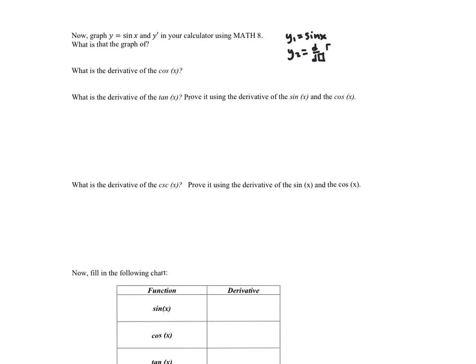It'll ask you to fill in some boxes. In here I want you to put an x, and in here, I want you to put y1. Then when you graph it, you'll see sine x show up, and then you'll see y2 show up, which will be cosine of x. Okay, you can do that on your own.